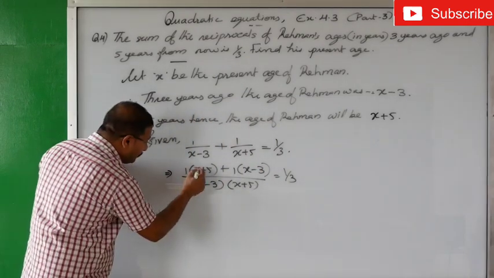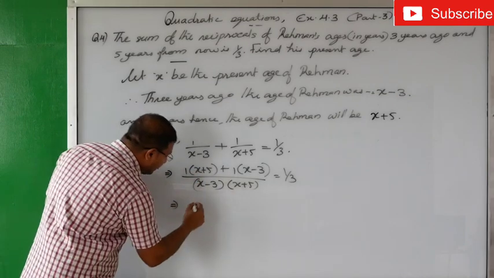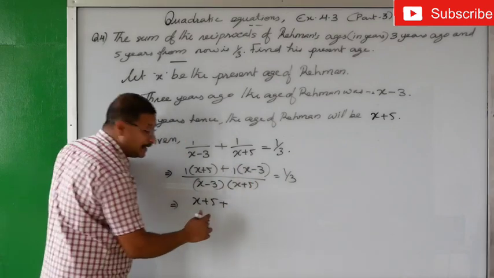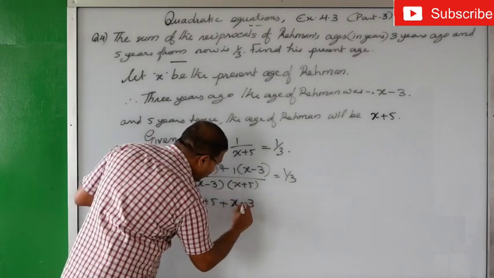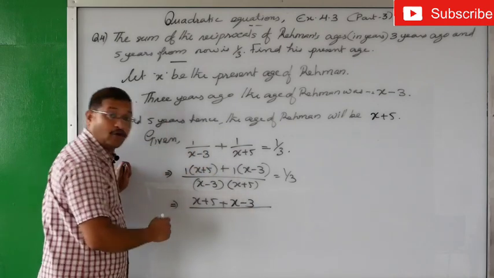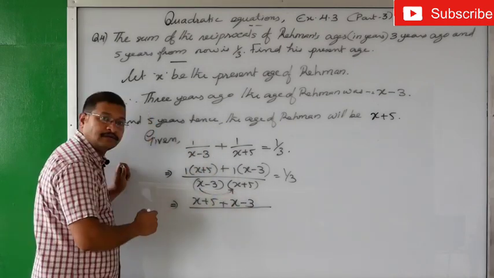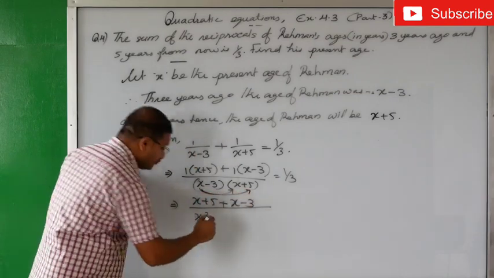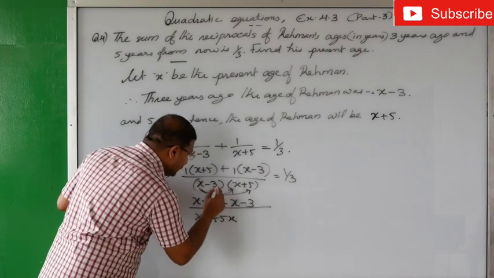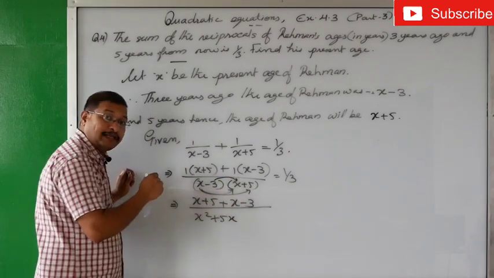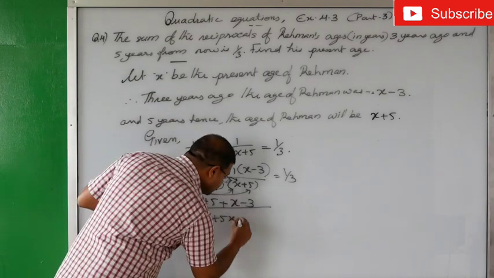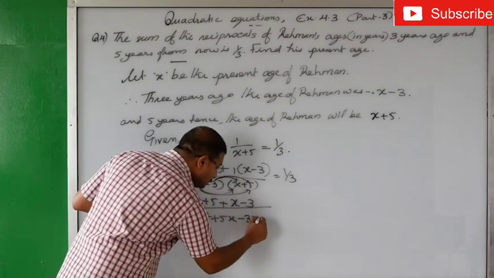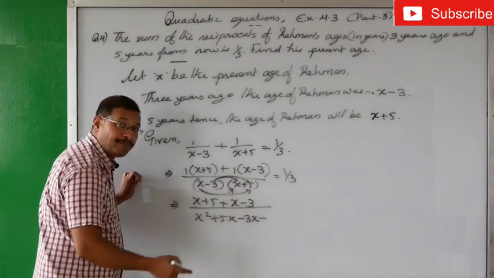This implies, ready? Now, we will open. With 1, no need to write 1. So we will just write x plus 5 plus x minus 3, divided by, we are opening now, x into x, x square. x into 5, 5x, so plus 5x. Again, minus 3 into x, minus 3x. Again, minus 3 into plus 5, minus into plus is minus, 3 fives are 15.